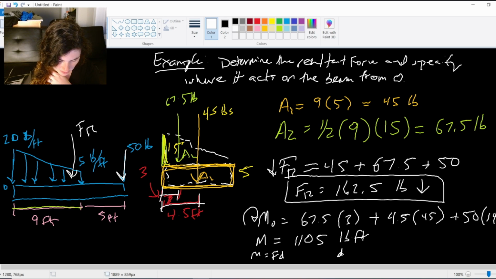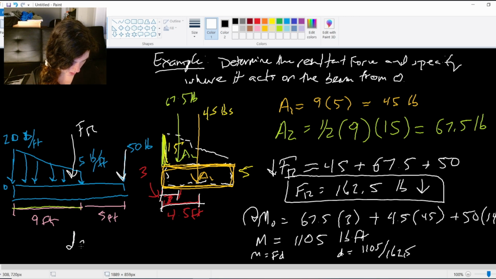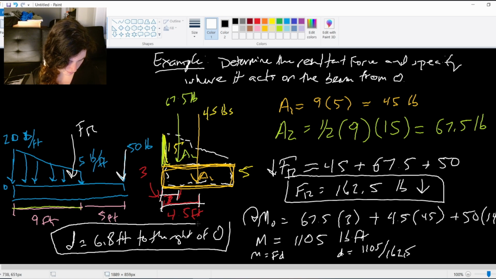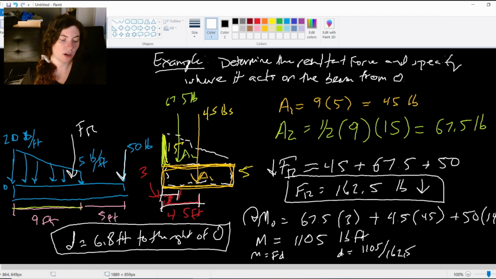So my distance will be 1105 over 162.5. And so I will get a distance from O of 6.8 feet to the right of O. That's it. Those are my two answers there.